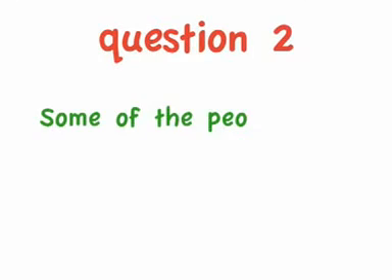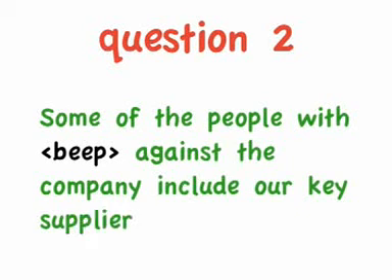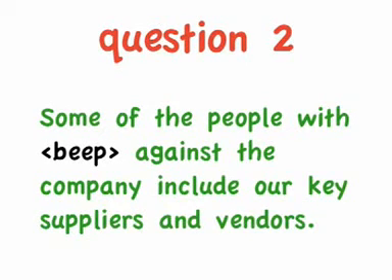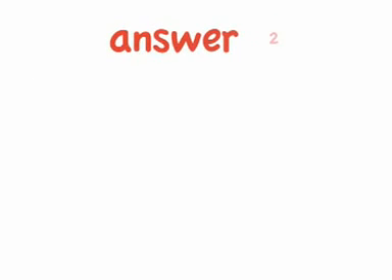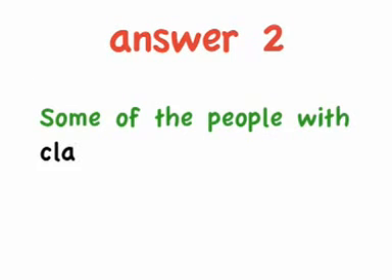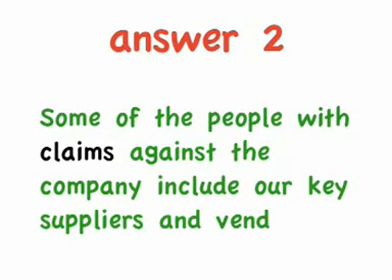Some of the people with blank against the company include our key suppliers and vendors. Answer. Some of the people with claims against the company include our key suppliers and vendors.